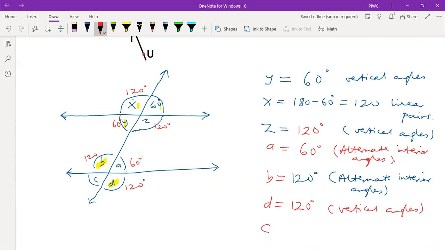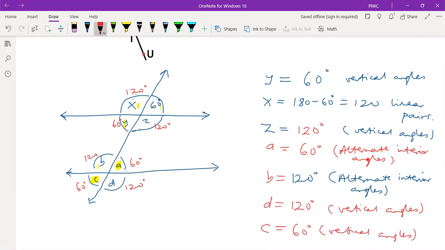And then C, I can say that A and C are vertical angles. So they should also be congruent. So that means C is going to be 60 degrees. Okay. So vertical angles.